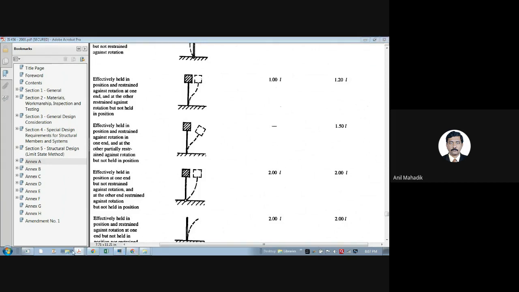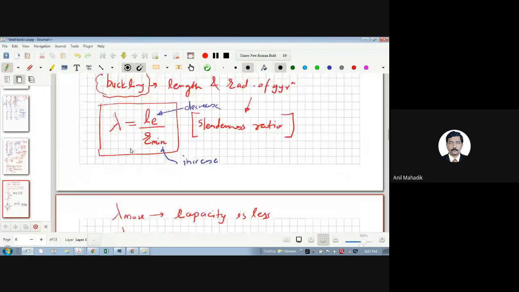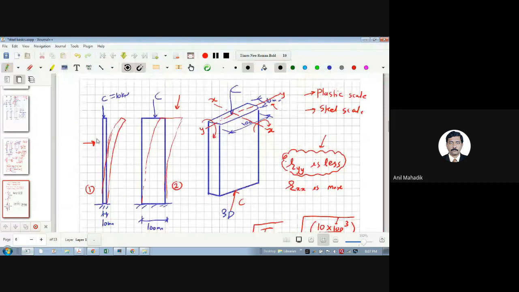So let's say we have this case, where it is free at one end and fixed at the other end. Then the L effective value for this kind of problem is 2L. So if this is L, then L effective is 2L, which is not an acceptable case.